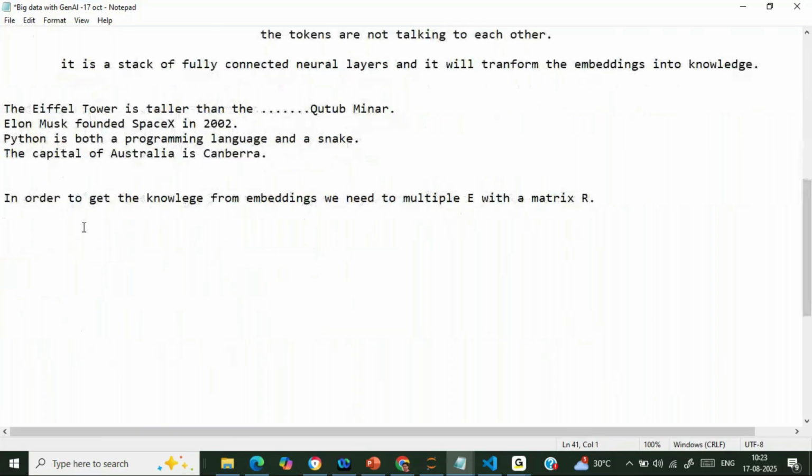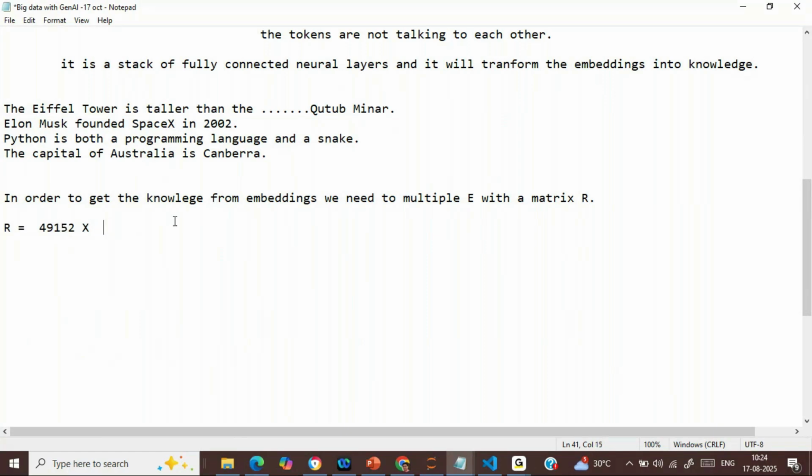R is the matrix, and the size of this matrix is 49152 cross 12288.